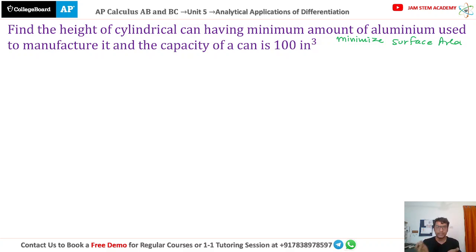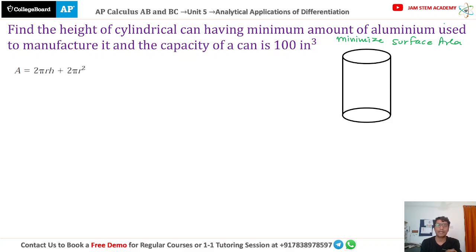So this is the function which is to be minimized in this case, right? Always find that function and convert it in terms of one variable. Let's consider a cylinder having base radius r and height h. We all know the formula for the surface area. Yes, it is 2 pi r h plus 2 pi r squared. It is in terms of both h and r here.